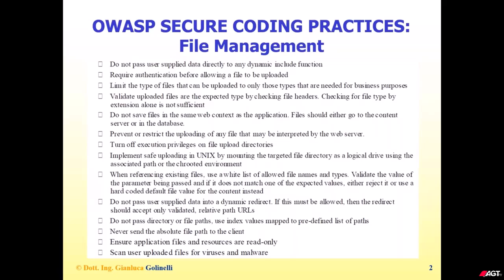Among the most important indications, check the type of incoming file before accepting it. Remember that checking the extension is not enough, but among the metadata of the file, check the so-called magic number, consisting of the first 4 bytes of the header of the file that identifies its type.